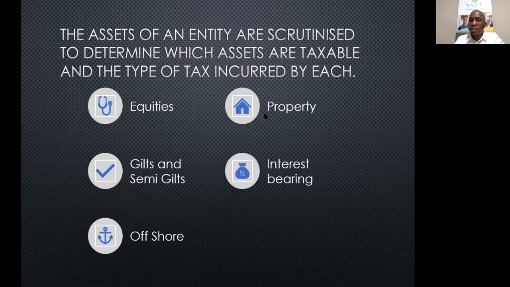In terms of properties, similar thing. Capital growth is the difference between the capital that you put in and whatever it actually came to when it went higher. The gain is levied at a percentage of the capital gain. It's 18% for individuals and 22.4% for companies. Just remember those figures. I'll keep on repeating them so that through repetition you remember them more easily.